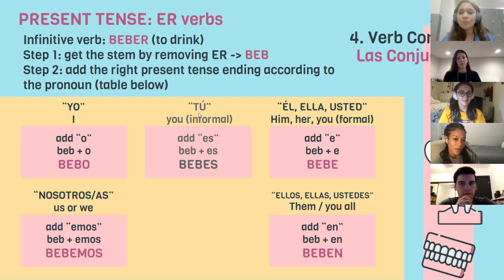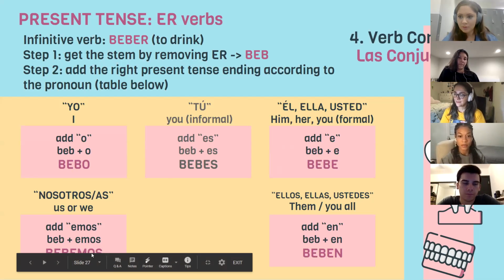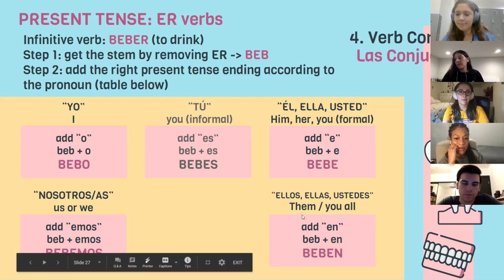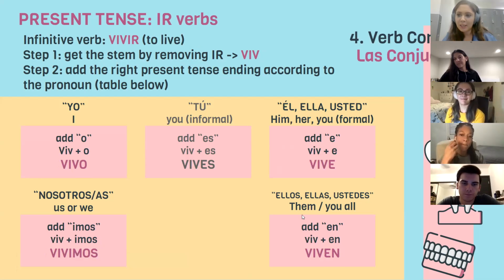Tú bebes. Ella bebe. Nosotras bebemos. Ustedes beben, which is drinking for all of them.